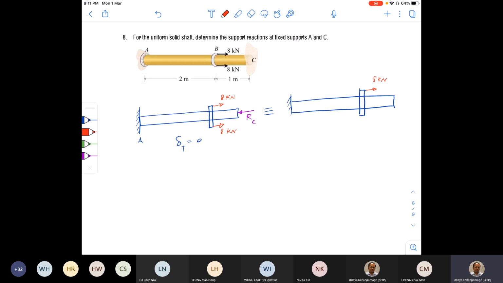Eight kilonewton. As a result of this applied load, this system is going to expand because there is no reaction force. Let's take that elongation as delta L, meaning it is due to load. This is point A, and this is point C originally, right? This is C.